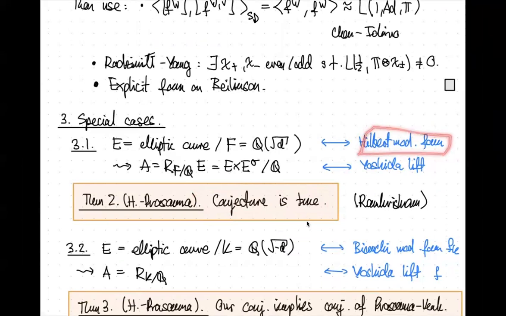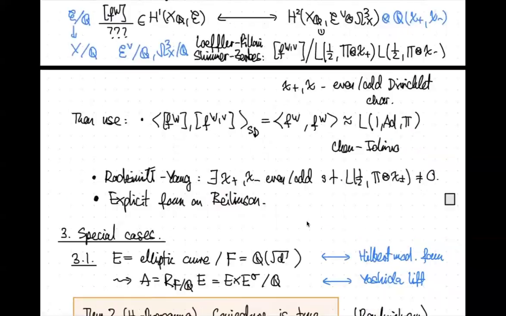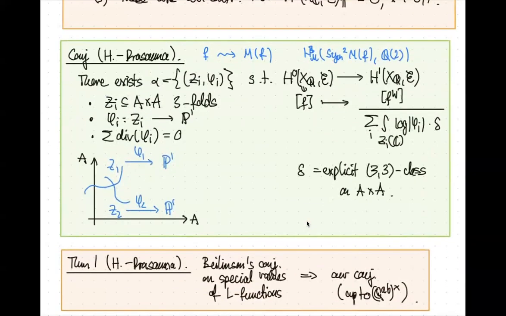So somehow those motives are easier to construct than the original thing, and you could take that as an avatar for your symmetric square motive. And then you get some unconditional result. Yeah, so it's a bit tricky. You need to assume that there's a motive to even state the conjecture. Right. Okay. Yeah.